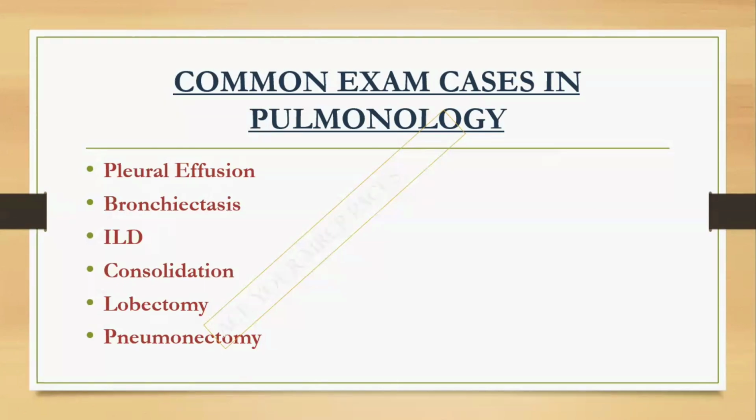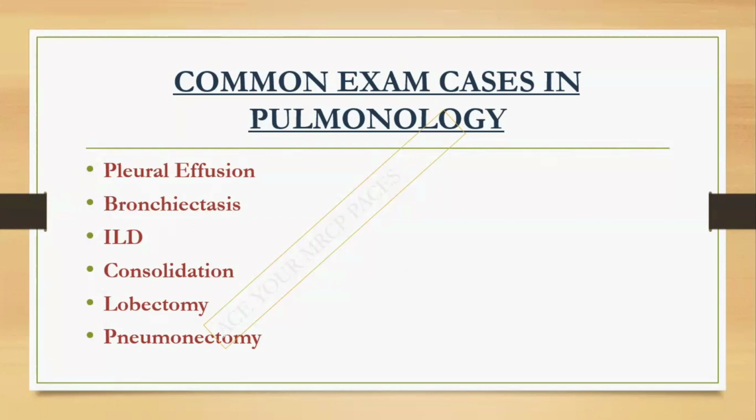If it is a case of chronic obstructive pulmonary disease or bronchiectasis, and there is sputum as well, you should say in your investigation that I will go for sputum analysis. If it is a case of pleural effusion, you should also add pleural fluid analysis, likewise those investigations of tuberculosis, and any other investigation.